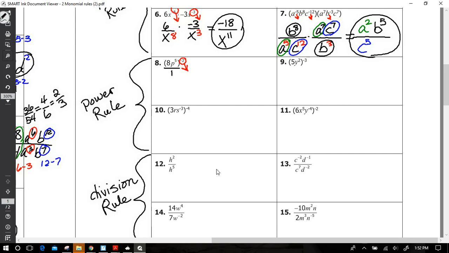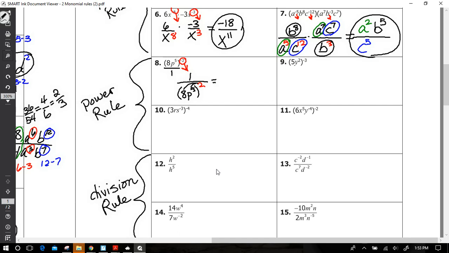Okay, so I have 8p to the 5th. And now instead of that negative 2 exponent, it's now positive. But I need to remember to put that placeholder. Okay, so no more negatives. I'm done with those. Now I can do the distributing like I'm supposed to.